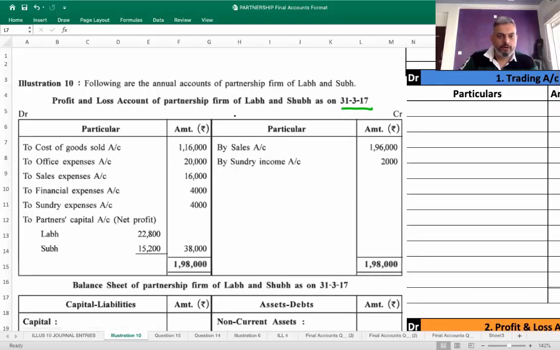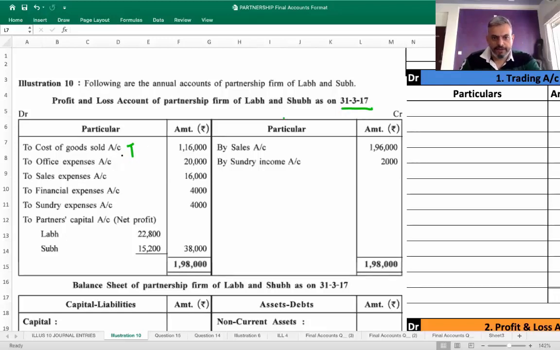So over here, cost of goods sold will go to the trading account. Achha, what is cost of goods sold? Cost of goods sold is opening stock plus purchase minus purchase return plus purchase expense minus closing stock. यानी जो goods हमने बेचे हैं उनका कितना total cost है.